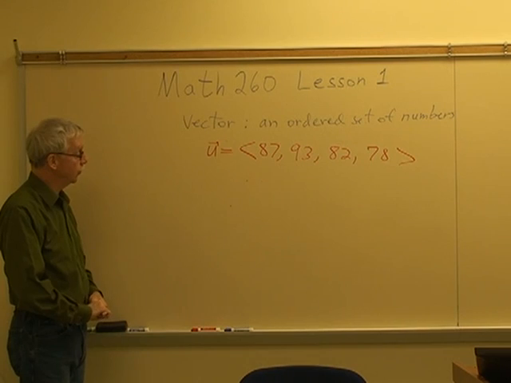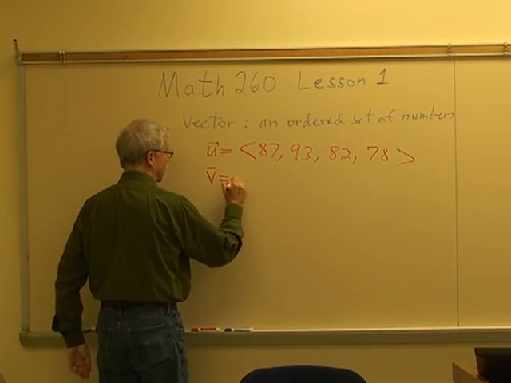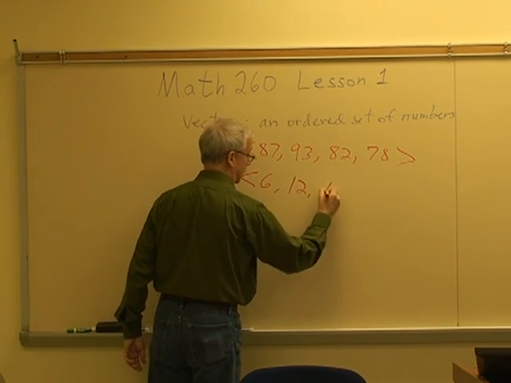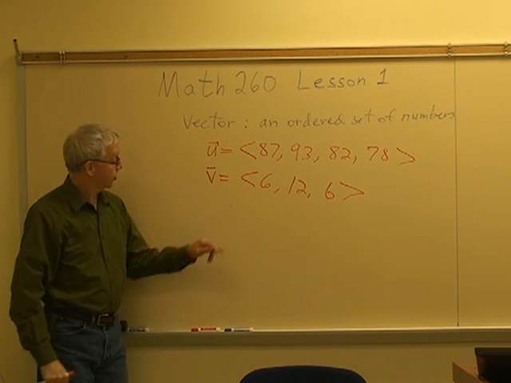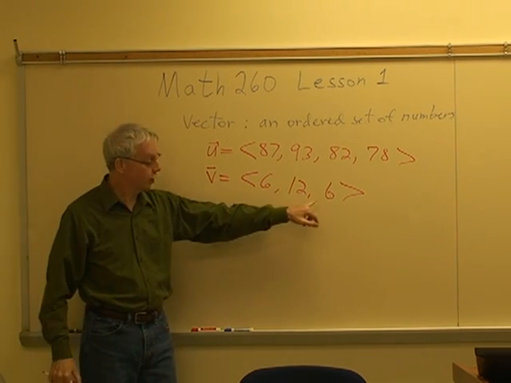And similarly, we can use vectors to represent all kinds of things. I might have a vector v that's a chemical representation. This is how many carbons, this is how many hydrogens, this is how many oxygens.